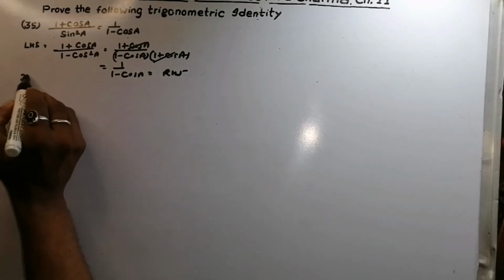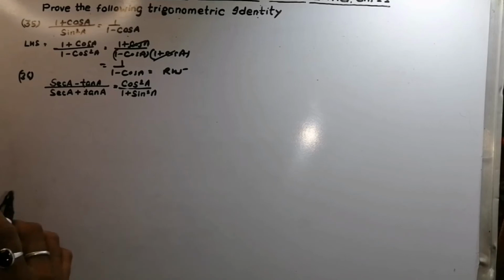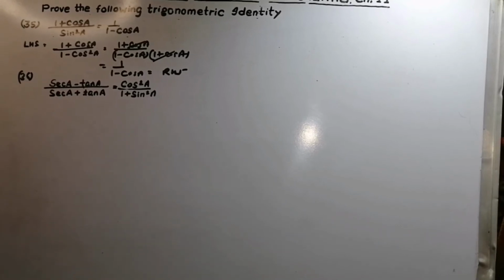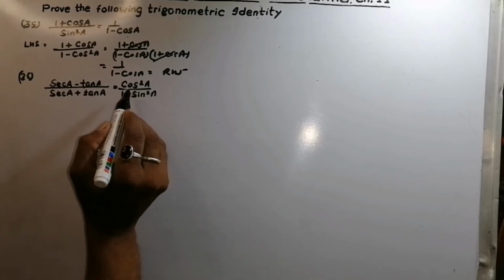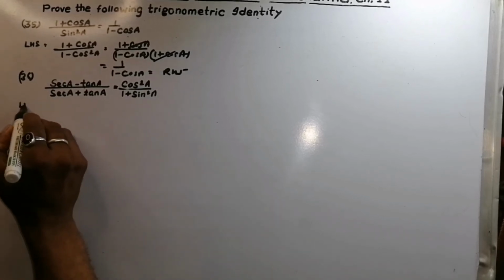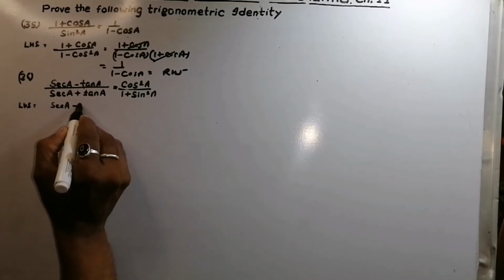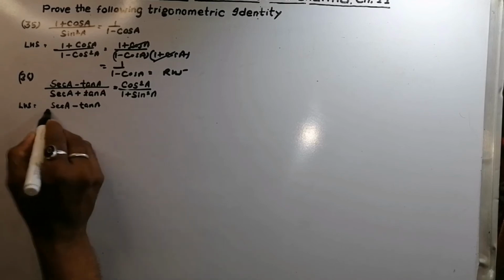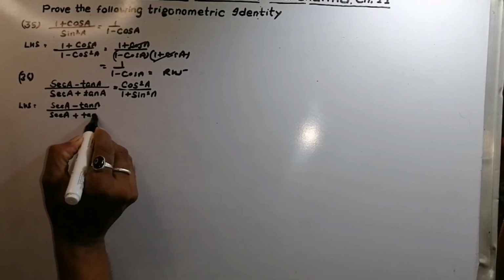Question number 36. It is (sec a minus tan a) into (sec a plus tan a) is equal to cos square a upon 1 plus sin square a. Sec a minus tan a, sec a plus tan a.